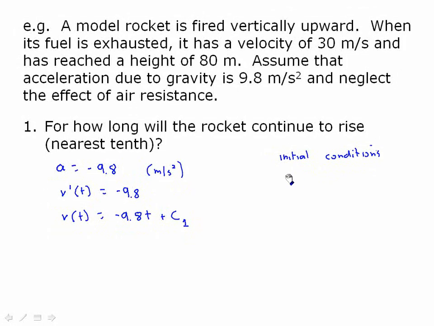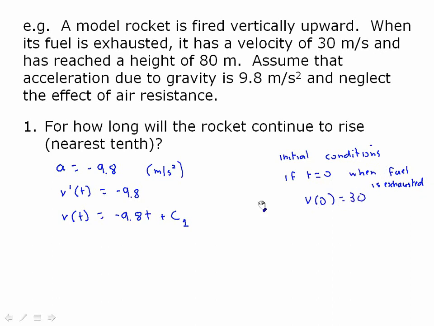Because t is equal to 0 occurs when fuel is exhausted. This is when the event begins. So given that, if t is equal to 0 when the fuel is exhausted, then it means that its velocity at that exact instant is 30 meters per second.